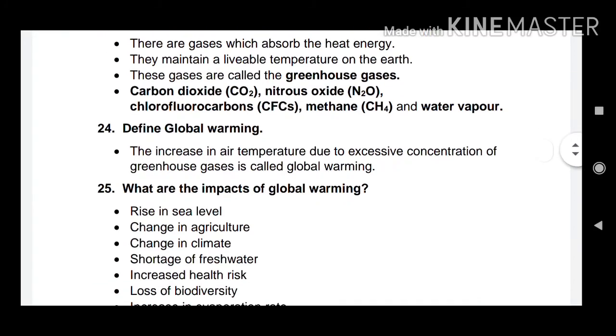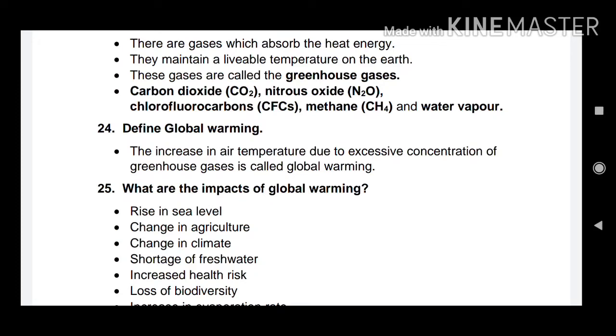The next question is, define global warming. The increase in air temperature due to excessive concentration of greenhouse gases is called global warming. As we have learnt earlier, there are some gases known as greenhouse gases which trap the heat that comes from the sun.